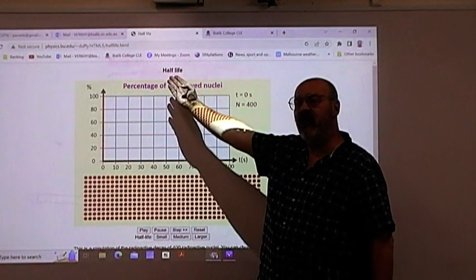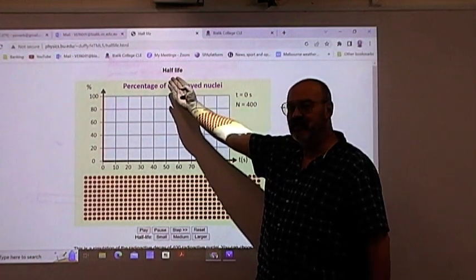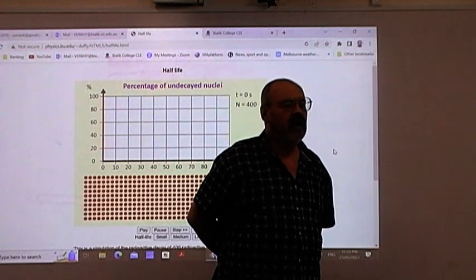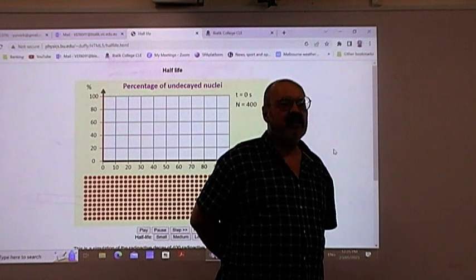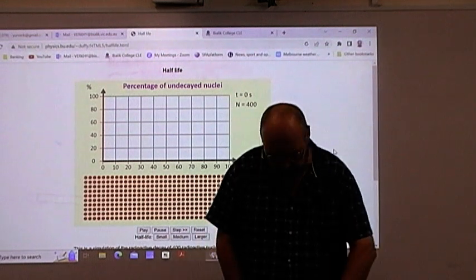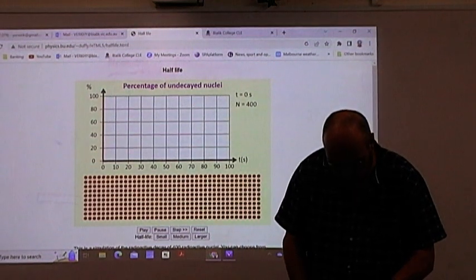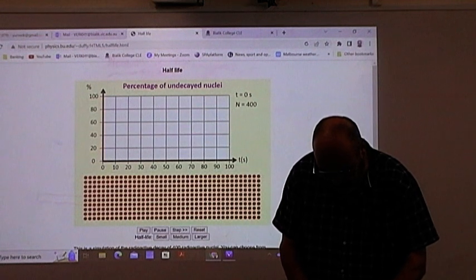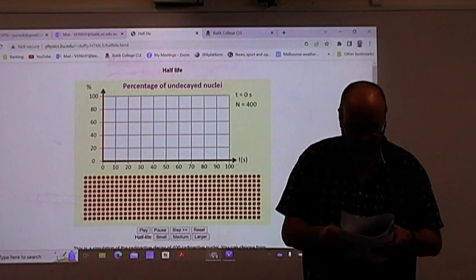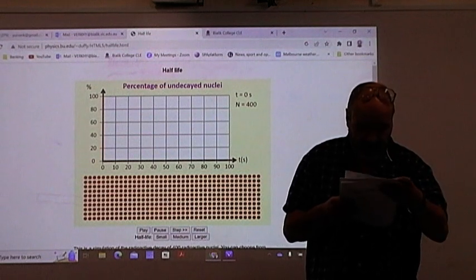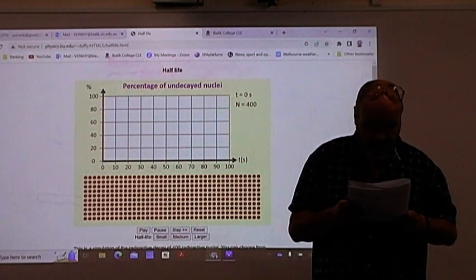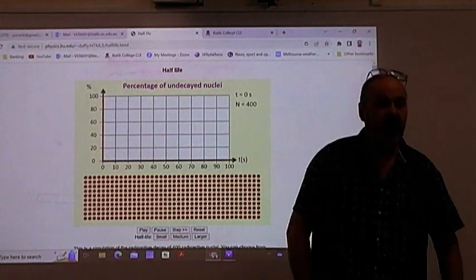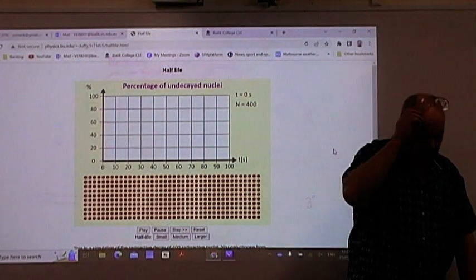Today's topic is half-life. So, if we have some unstable material, for example, unstable nucleus, and let's say, for example, we have iodine 131, and we will look at how it will decay.